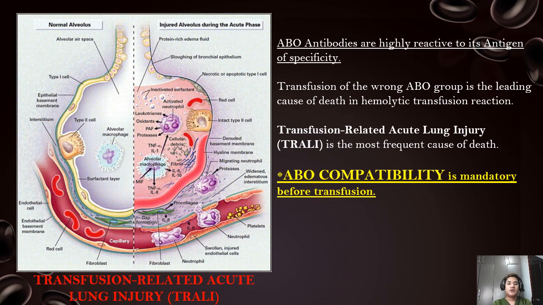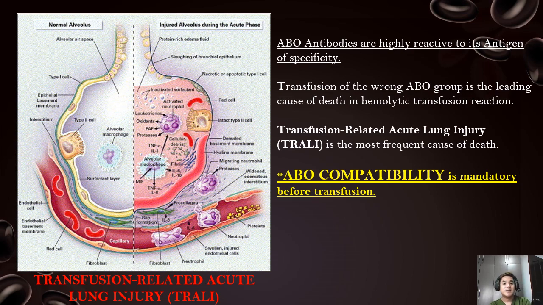So when exposed to these antigens, they will result in rapid intravascular hemolysis, and that's the main reason why transfusion of the wrong ABO group is the leading cause of death in a hemolytic transfusion reaction. Specifically, TRALI, or transfusion-related acute lung injury, is the most frequent cause of death.